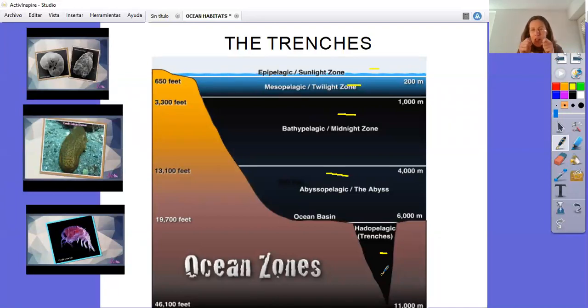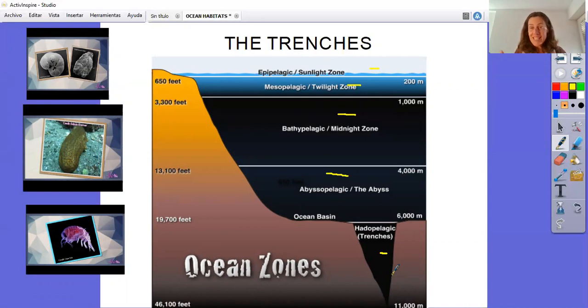Scientists are trying to see how they can investigate this part of the sea. And you know what? The Mariana Trench is the deepest part of the ocean and the deepest location on Earth. So this is the deepest place in the planet.